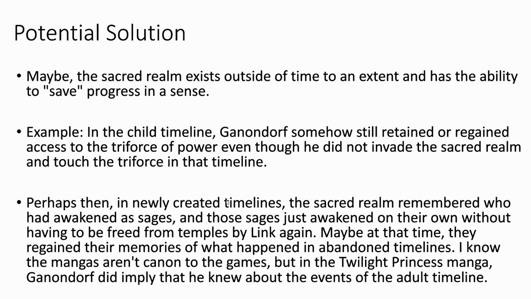And so sometime while Link was asleep in timeline 2, somehow Saria, Ruto, and Darunia would have just awakened as sages on their own in timeline 2. And so the progress is saved. And maybe upon them awakening, they would have also gotten the memories of timeline 1, and they would have known about their role.